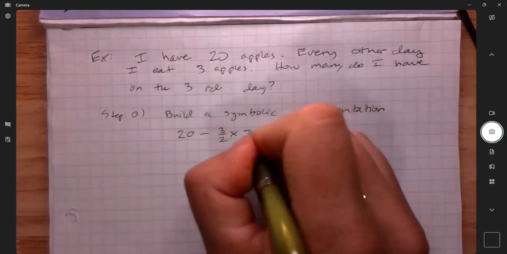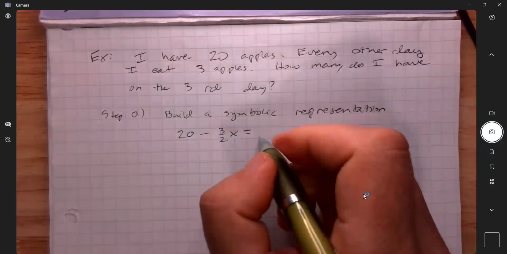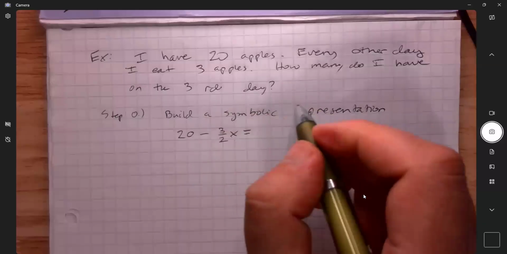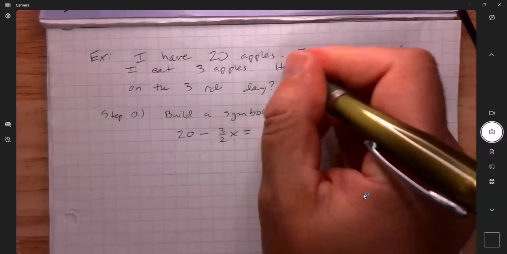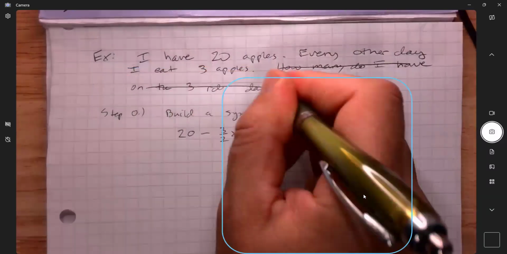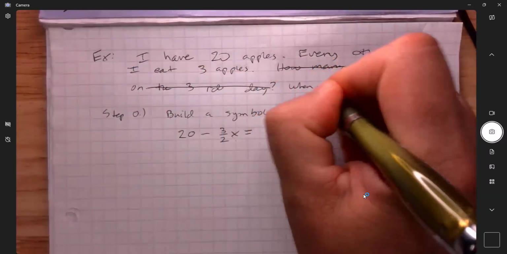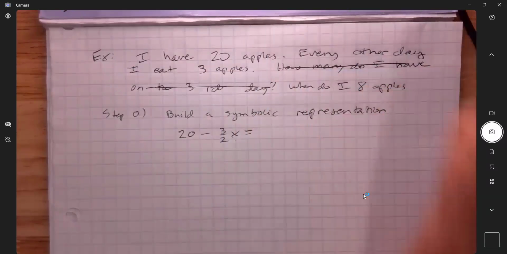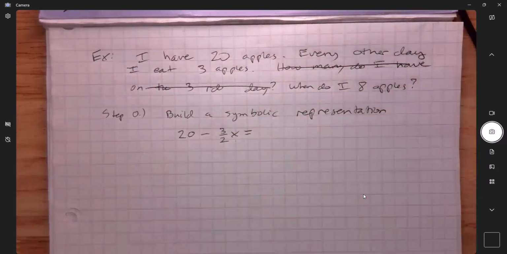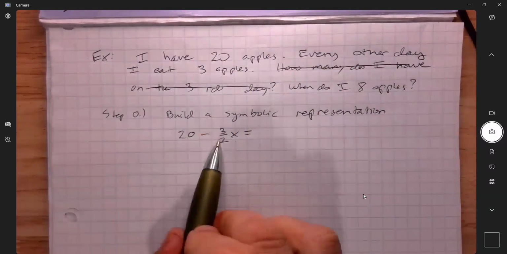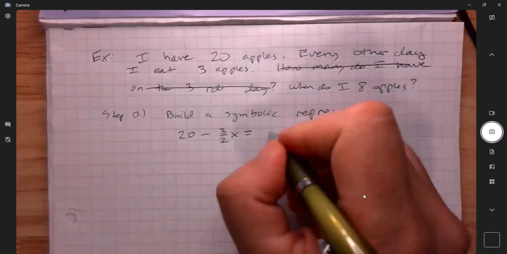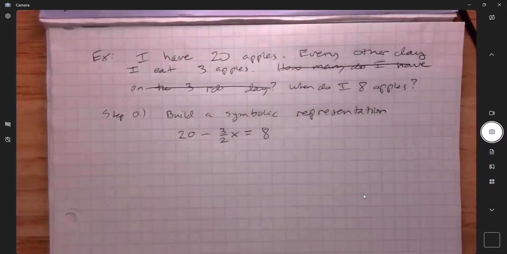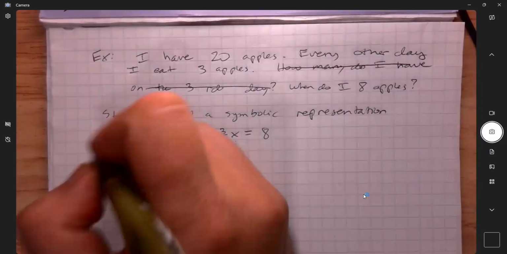X is the number of days, and I want to have, oh, I phrased this question wrong. Instead of how many do I have on the 3rd day, I'm going to ask, when do I have 8 apples? There we go. So there's the number of apples on any given day, and I want to know when that number is 8. So step 0 is build a symbolic relationship.